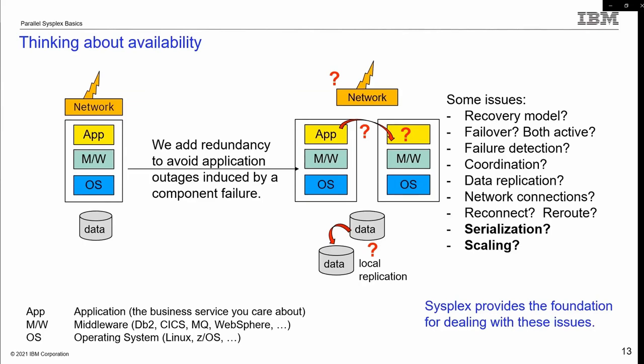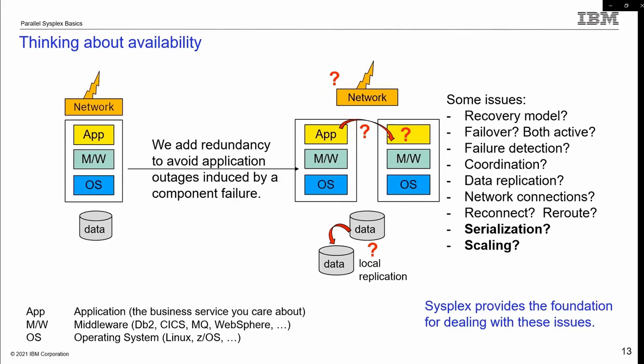What kind of serialization do we have in place so that if one or multiple copies of the application are running, we only have one copy of the data, we only have a single application that is actually processing an individual's request, and can this thing scale out?